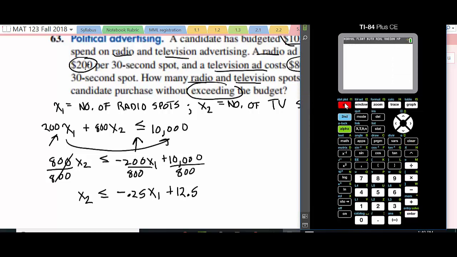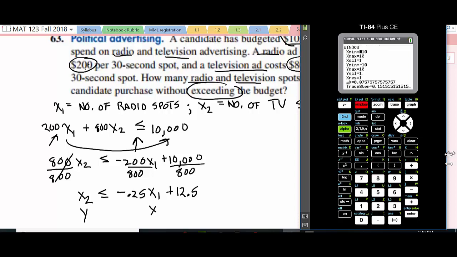So what you do is you just go to y equals, and now we're using x1 and x2, so this is really y, and that's really x. So just put in negative 0.25 times x, and then put in plus 12.5 like this. And I'm going to have you adjust your window a little bit, because that 12.5 is a y-intercept, and you want that y to go up at least as high as 12.5.